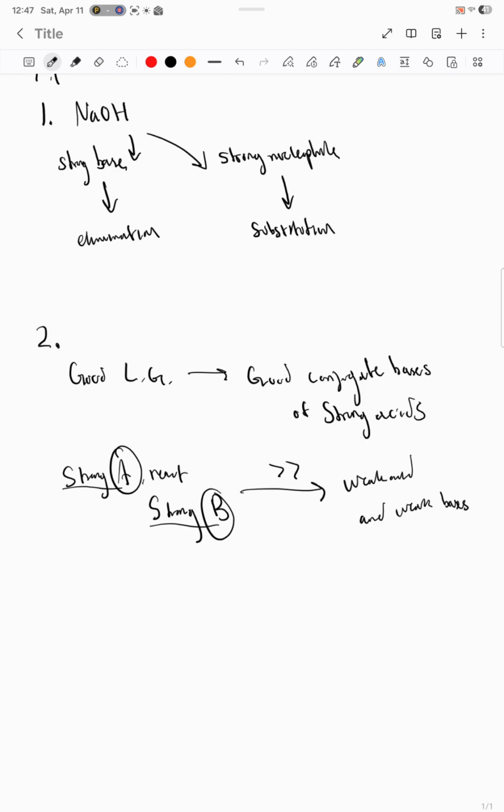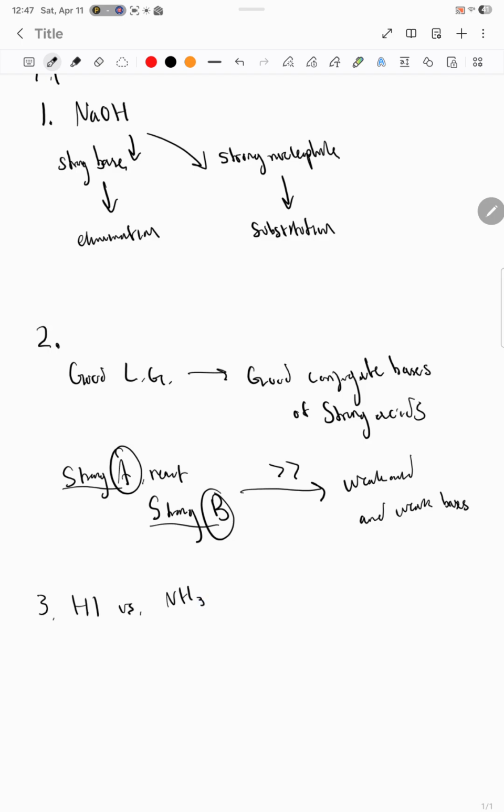Now on to part 3. Now we need to come up with good pKa's to compare if hydroiodic acid is a good leaving group compared to ammonia. So hydroiodic acid versus ammonia.